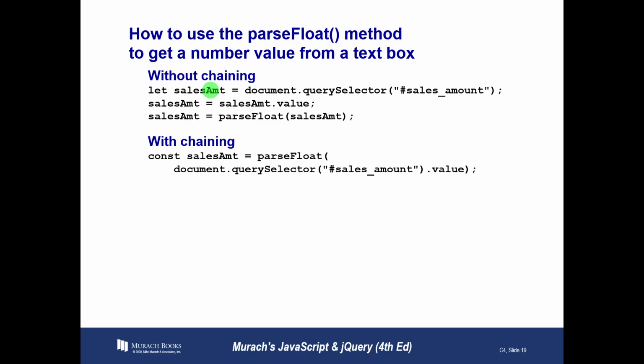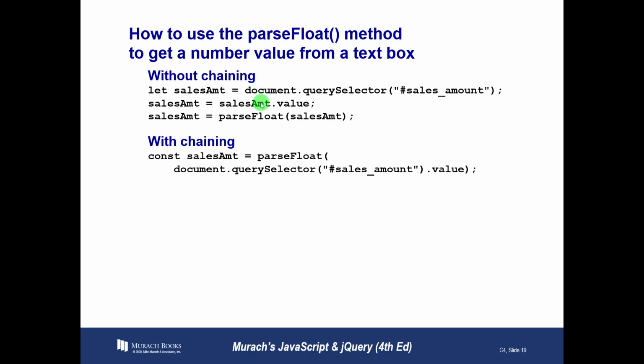That's something important to understand here that JavaScript does, it's a dynamically typed language. Right here, it's a reference to a text box object. Okay. When we get the value out, sales amount's now a string, and then we parse it as a number, and sales amount will now be a number. In this case, a floating point number.